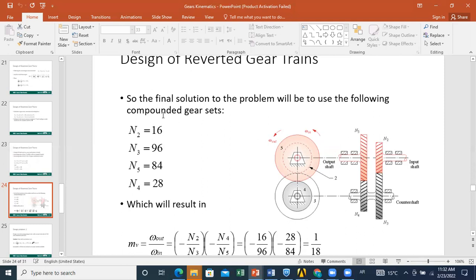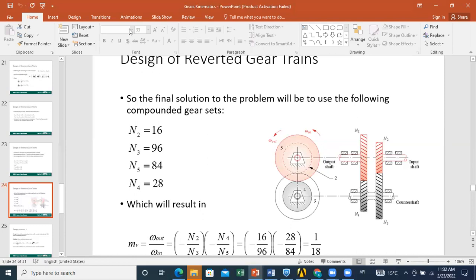But the combination N2, N3, N4, and 5 will remain the same. This is why when you do the design, you can do it for a ratio of 1/18 or 18. It's similar. Okay, you will get same values for your 4 gears. Just you switch between input and output. If you want, depending on the application, if you want to increase the angular velocity or if you want to reduce it.